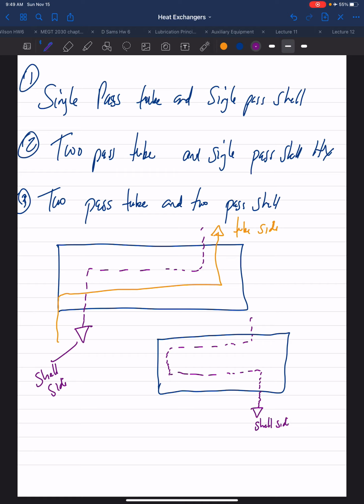It made two passes along the length. And the tube side, once again, two passes along the length.